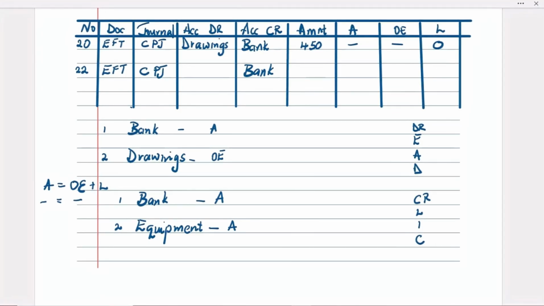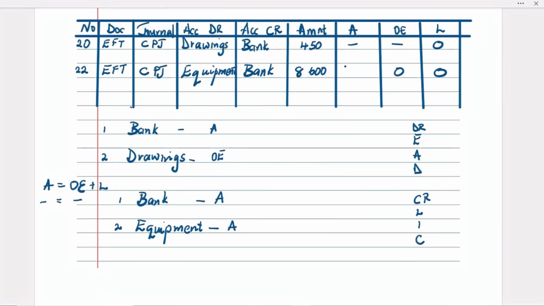So I'm going to credit the bank because asset decreases from the credit side. And I'm going to debit equipment. Amount 8,600. Now, out of this classification, I don't have anything on owner's equity and I don't have anything on liability, so I'll put zeros. I'm left with assets only.